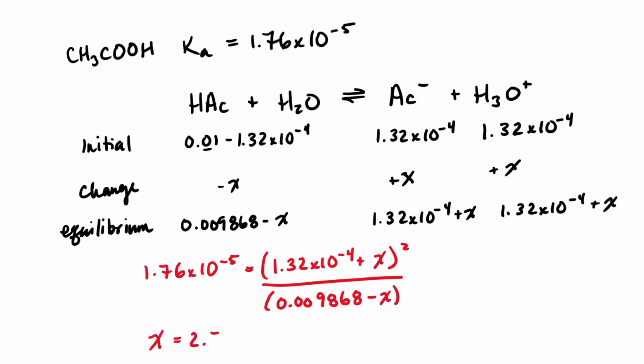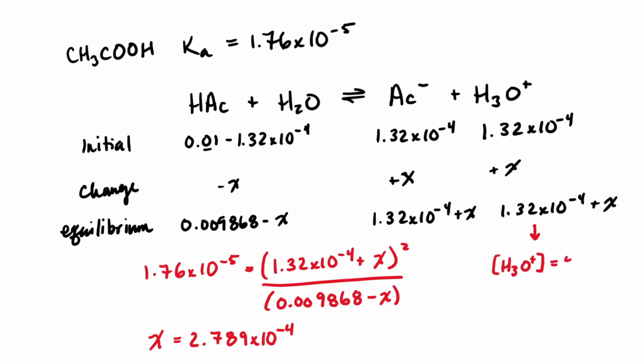So now we have our new starting amounts of acid and acetate and hydronium. We're still going to change it by x amount. And when we find the value for x, it's 2.789 times 10 to the negative 4.